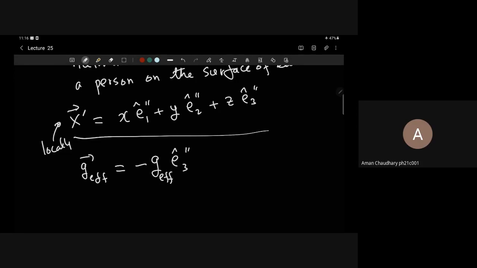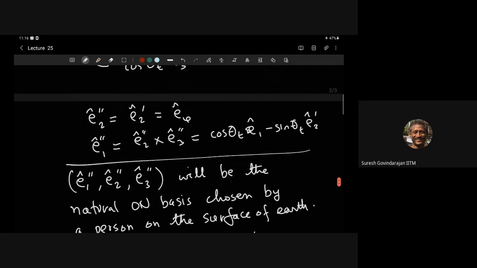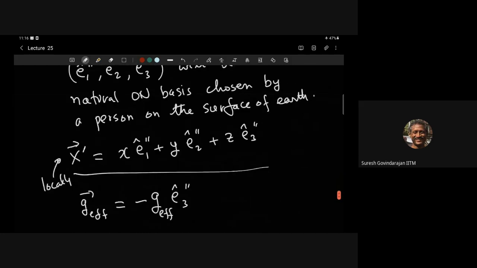But sir, the primed coordinates were also like, two were in the local plane along the surface of Earth, and one was perpendicular to it in the radial direction. Yes, that's how we chose E1 prime, E2 prime, E3 prime. But what I'm saying is what we would naturally choose if we were on the surface of the Earth is this.